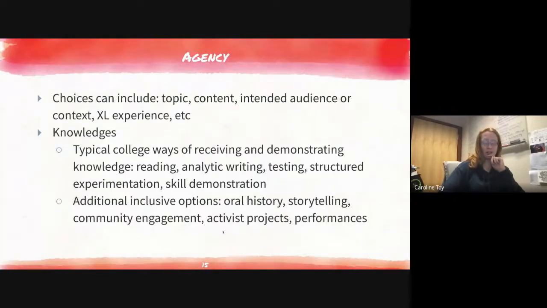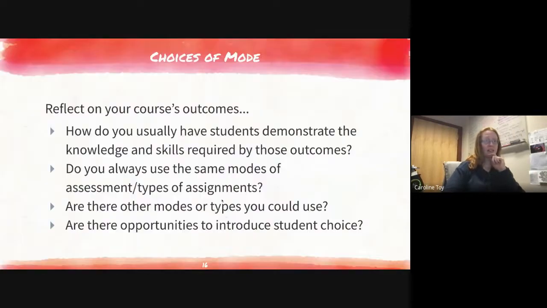So I'm going to leave this slide up and invite you to go back to our Google Doc for a minute, and think about that third question in the Google Doc. You can also think about these questions on the slide. Our third question there asks you to brainstorm ways to introduce student choices and agency in your class.